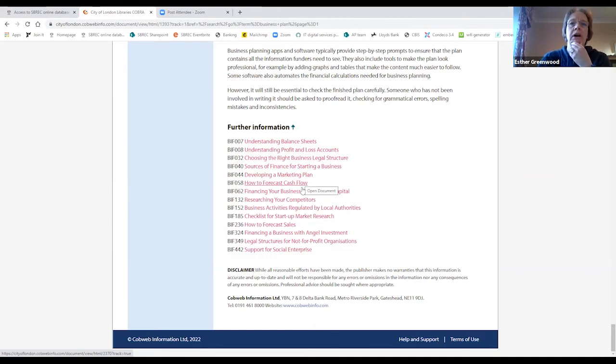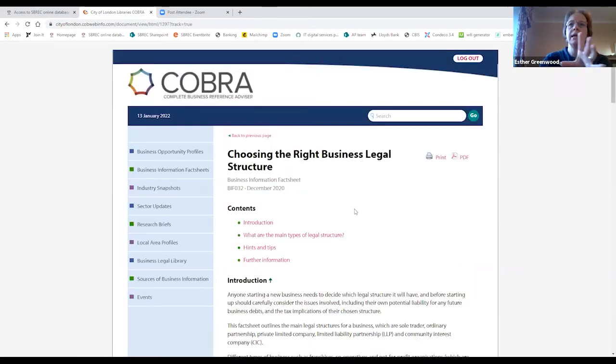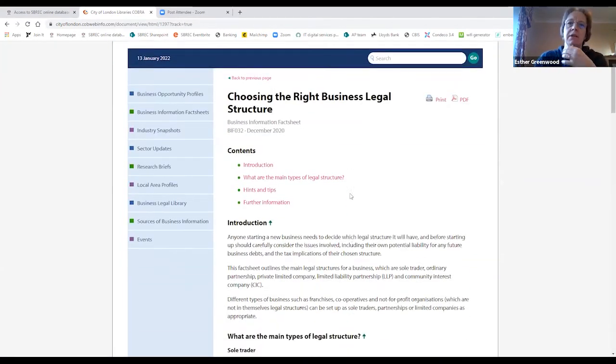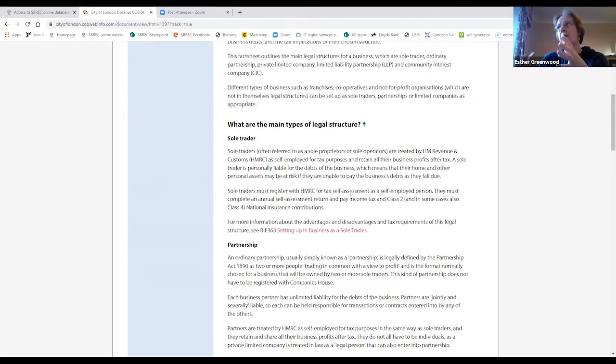There's also one here on choosing the right business legal structure. And I know Adele and other people at Turn will have sent out some information about the different legal structures, such as being a sole trader, opening a limited company, perhaps a community interest company, whatever it might be.